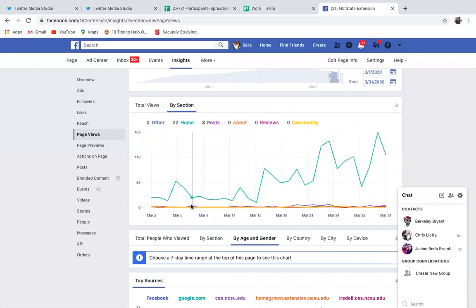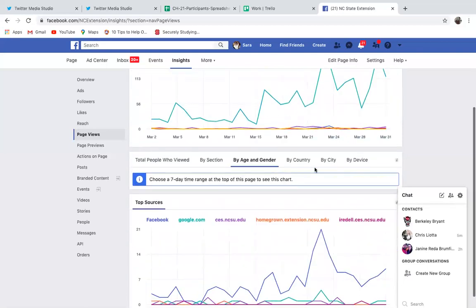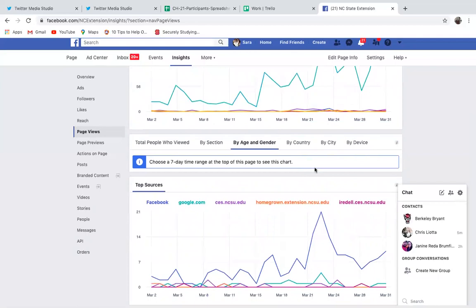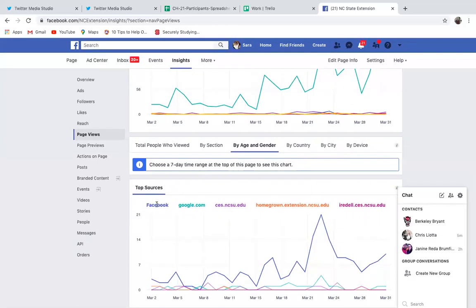So you can see, okay, were they looking at the home page? Were they looking at your post? So really just looking at the home page had the most views compared to other sections of our Facebook page. And you can also look and see where they might be coming from. So mostly they're coming from Facebook. It looks like some are finding our page through Google search.